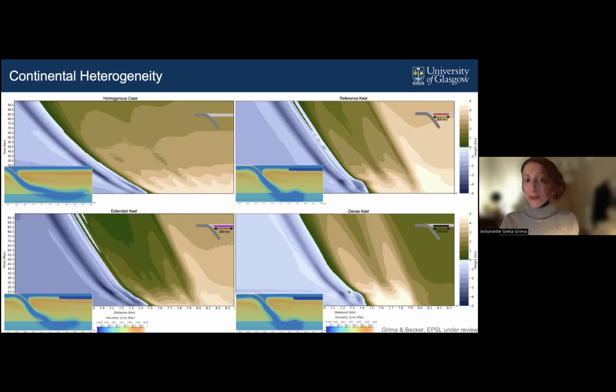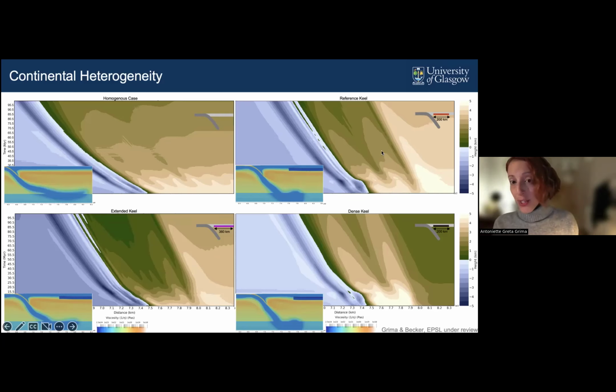And just eyeballing the slide, we can see that the slab morphology is actually not that different. However, the topography is, particularly if we compare our homogeneous case with our heterogeneous cases. We can see that for our heterogeneous cases, we have a well-defined zone of deformation within the continental margin, which is missing for our homogeneous case.